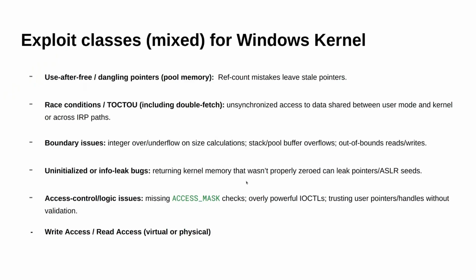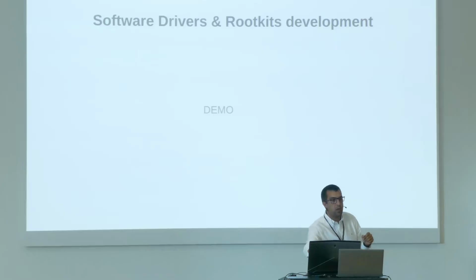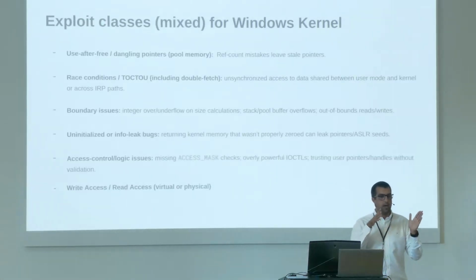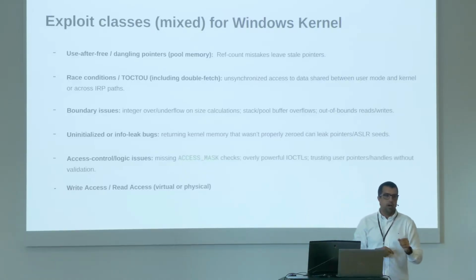Okay, enough of demo. Back to it. Exploit classes. Now that you have a little bit more understanding of how drivers work, remember, whatever you can do on the kernel, that's why it's rootkit development, because you can make a software driver and have that power from the kernel and ask a user mode application to do whatever you want, right?